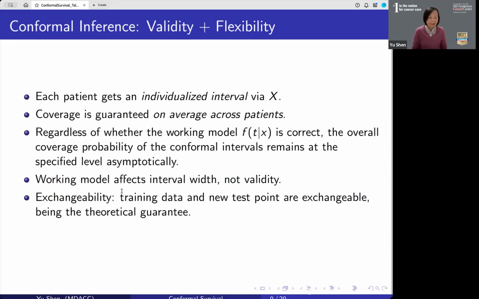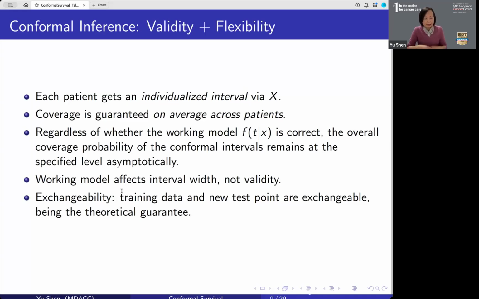So again, let's rephrase this key idea. This is still Lei's and other people's work about conformal inference. For each patient, you can get an individualized estimated interval given the patient's own baseline characteristic profile.